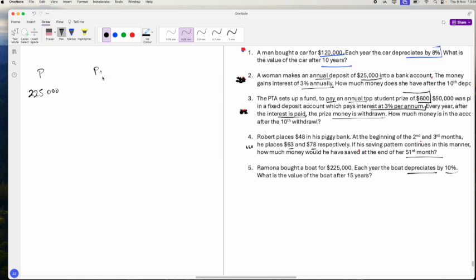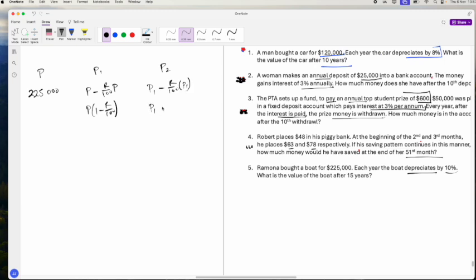So after the first year, it's going to be P minus R over 100 times P, which is P into 1 minus R over 100. After the second year, it's going to be P1 minus R over 100 of P1.